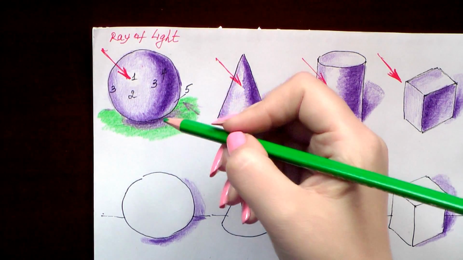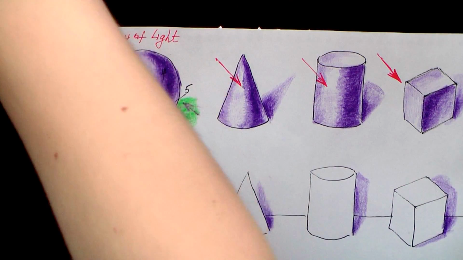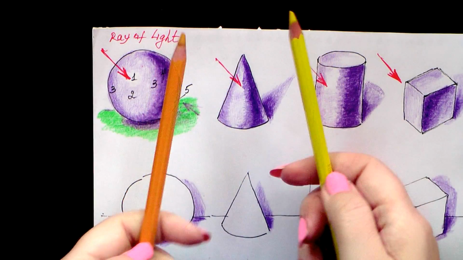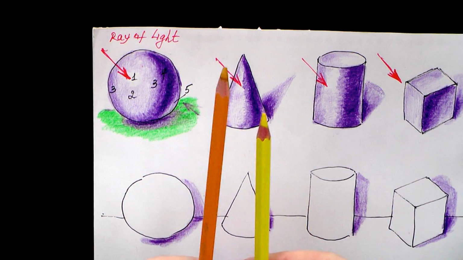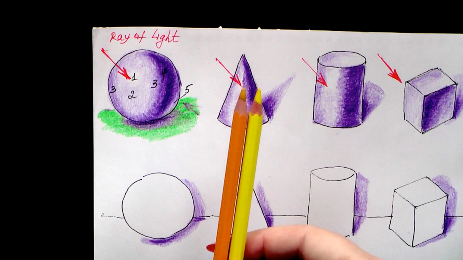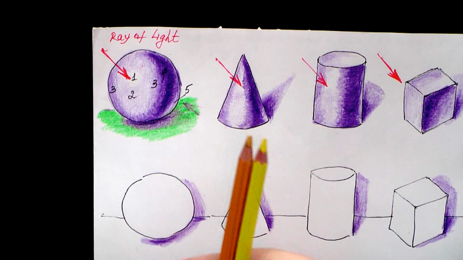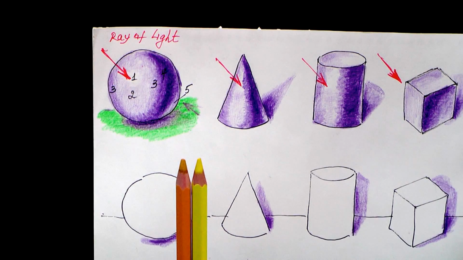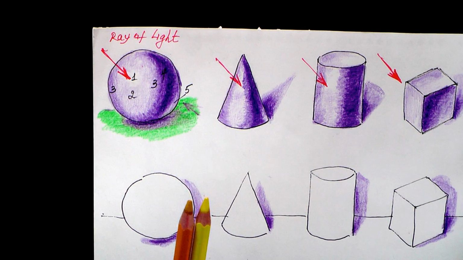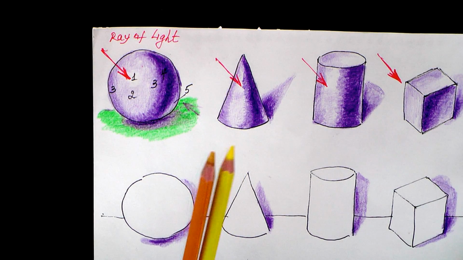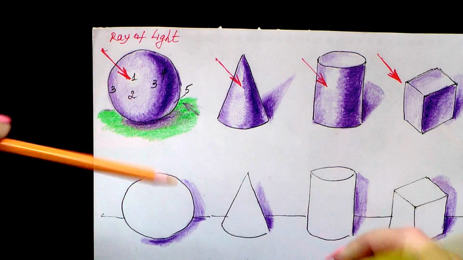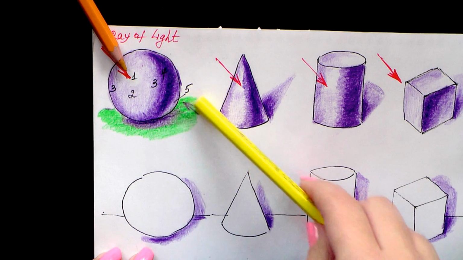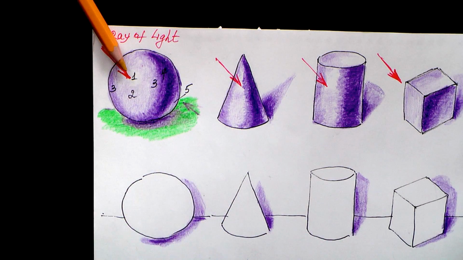What does it mean? Probably you know that we have cold and warm tones of each color. So if we have a warm light, for example the sun or a lamp, then the shadow will be in cold colors.